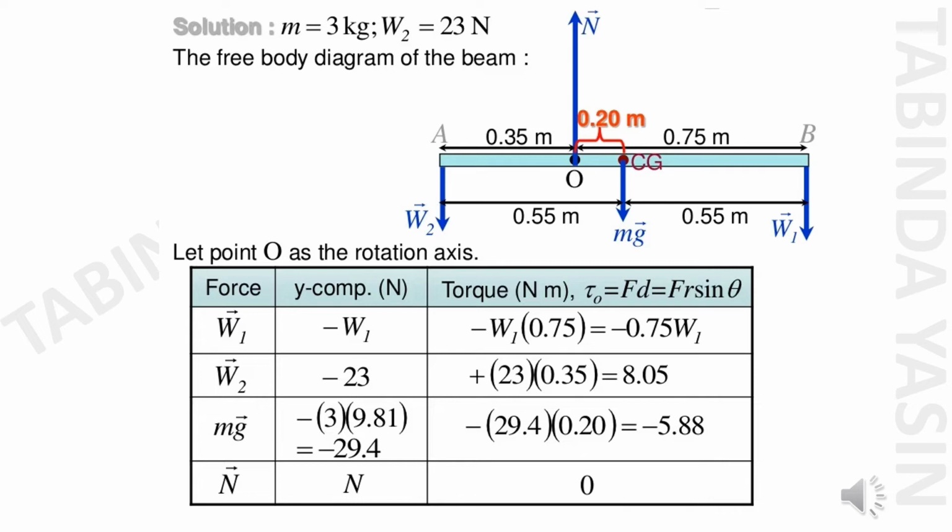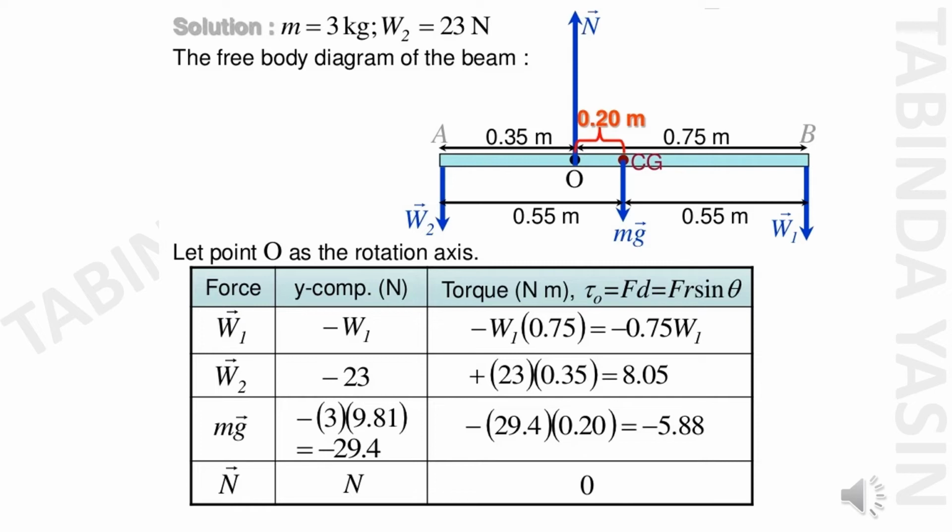Now for W1, the torque is minus W1 into 0.75, that is minus 0.75 W1. For W2, the torque is 23 into 0.35, which is equal to 8.05. And for the center of gravity, the weight is equal to mg, minus 3 into 9.81, that is minus 29.4, and multiplying with 0.20, that gives minus 5.88.